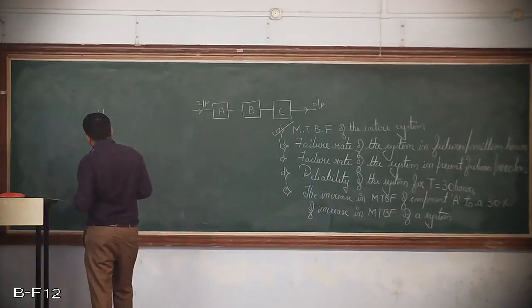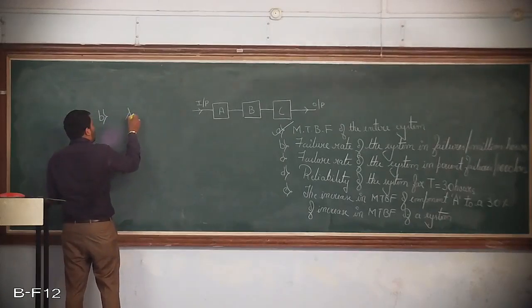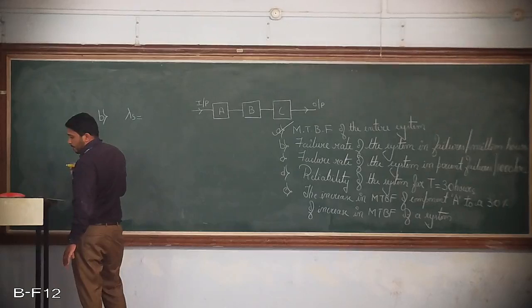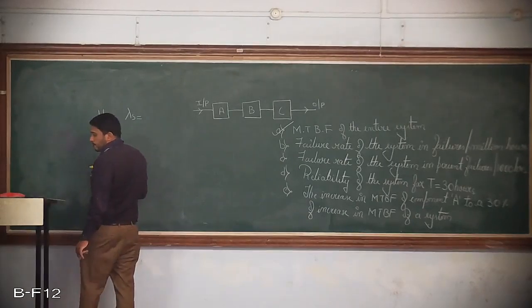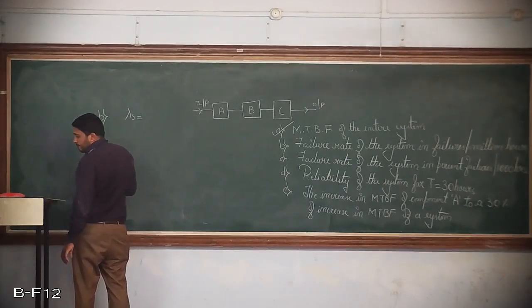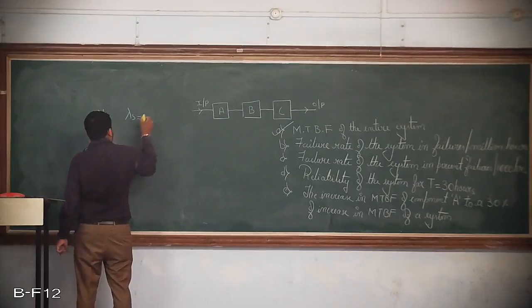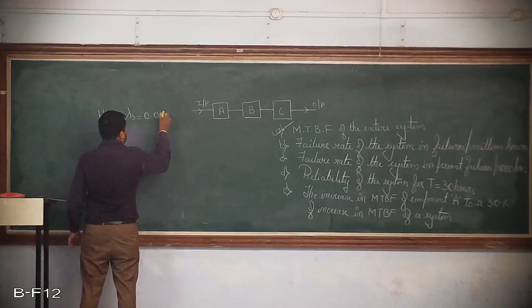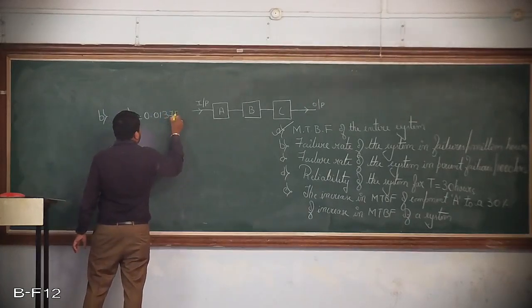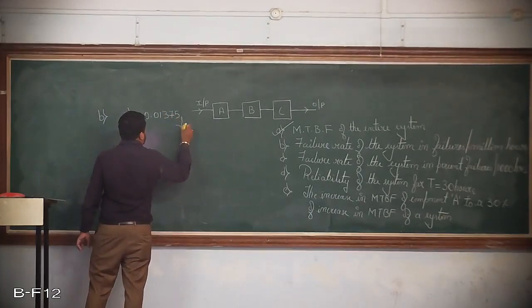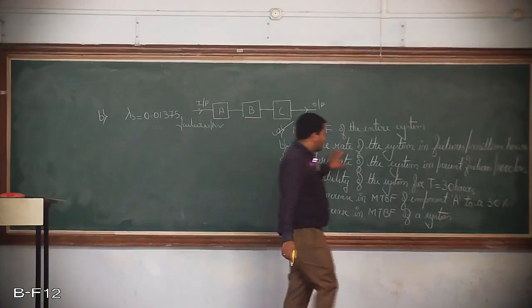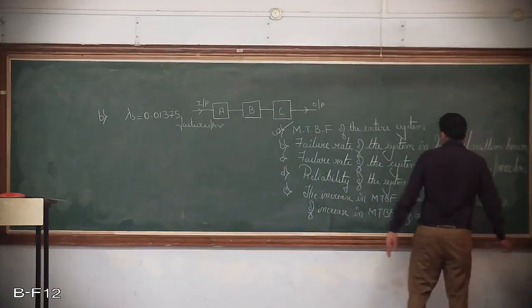Initially we found that the failure rate of the system was 0.01375 failures per hour, but we want it in failures per million hours.